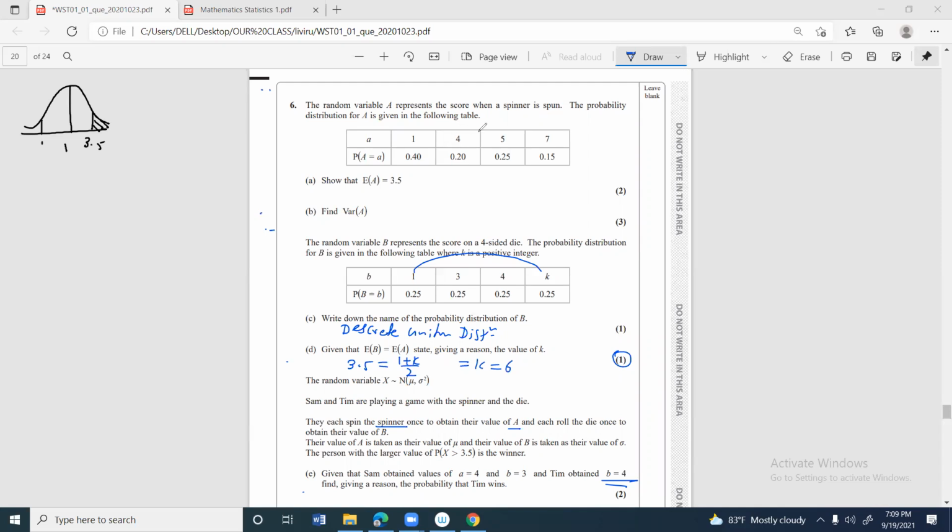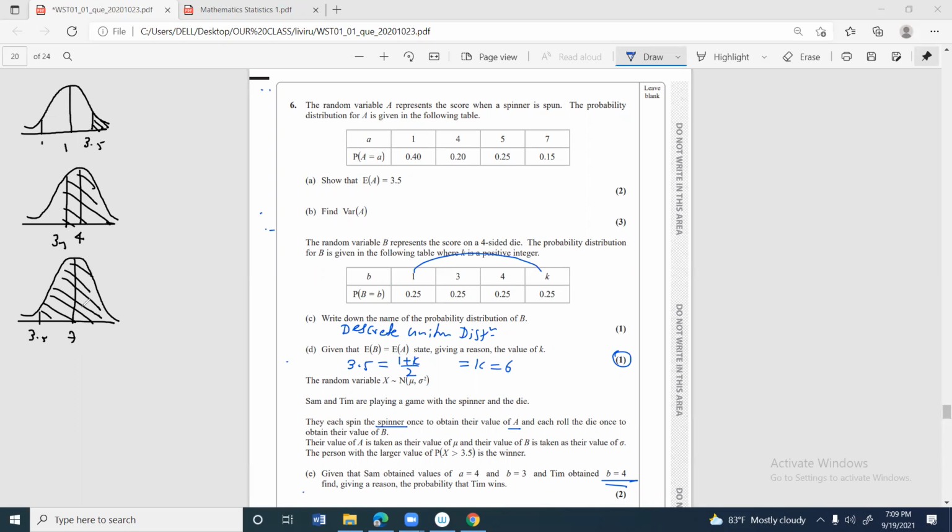If the mean is 4, the probability of getting more than 3.5 is this area. If the mean is 7, the probability of getting more than 3.5 is this bit.